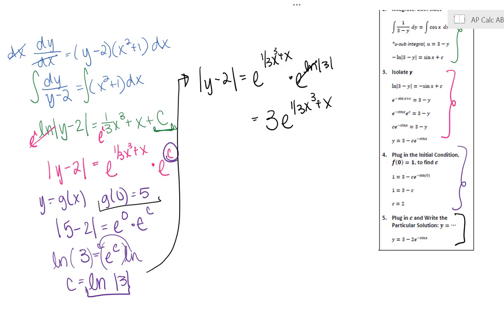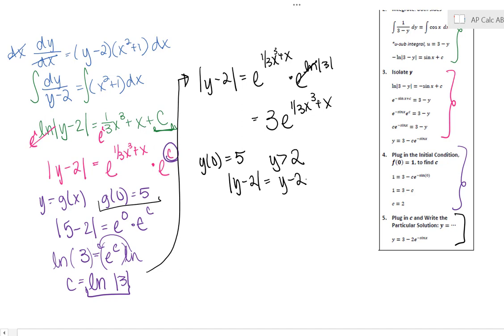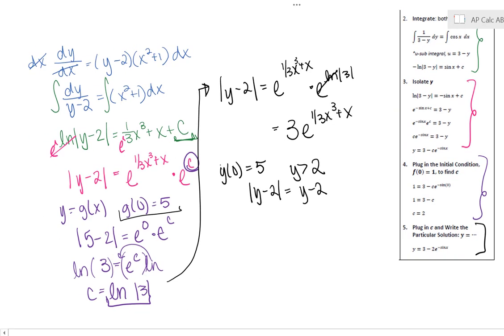Because of that initial condition, y of 0 equals 5, and that is positive, so y has to be greater than 2. That means my absolute value of y minus 2 is just y minus 2. So I negate the negative version. So I'm just plugging this in right here.